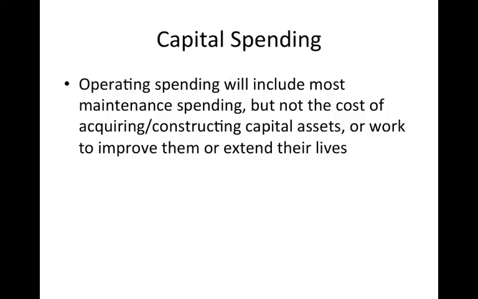The maintenance spending, just painting and minor repairs, that's all in the operating budget. But to build a capital asset, to buy one, to extend their useful lives, or to improve upon the utility or the amount of service that can be provided through that capital asset or infrastructure asset, those are capitalized on an accrual basis.